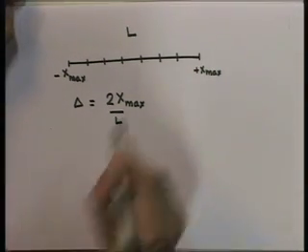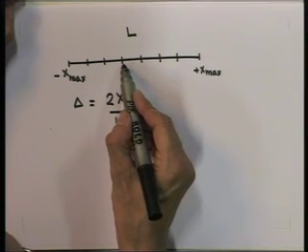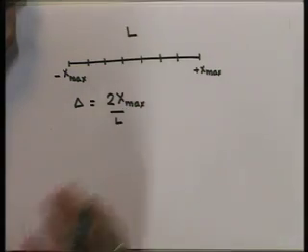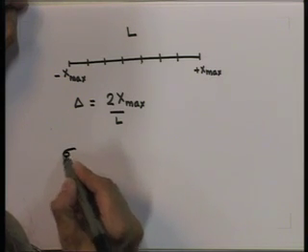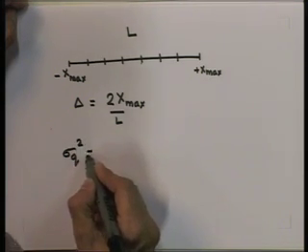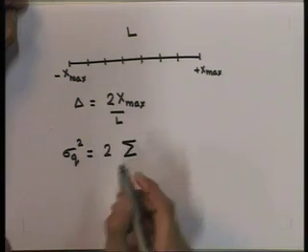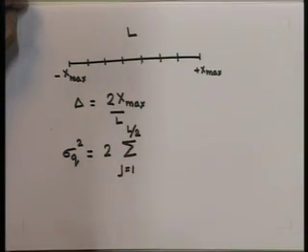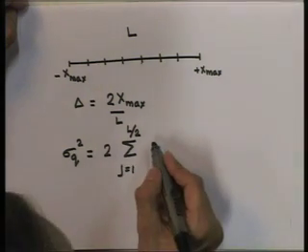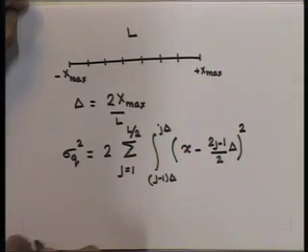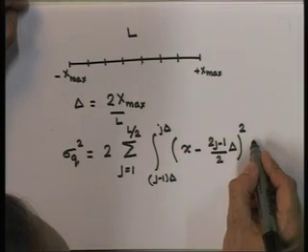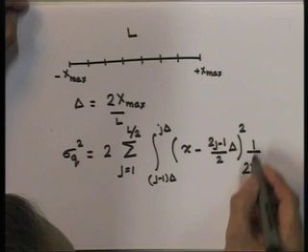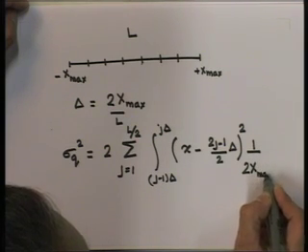Now, if we assume that the reconstruction level is the midpoint of the boundaries, then for this assumption the distortion becomes, we assume L is even, and since the PDF of the input is uniform, we can write it as 1 by 2 x max.